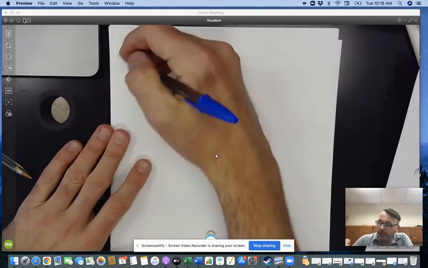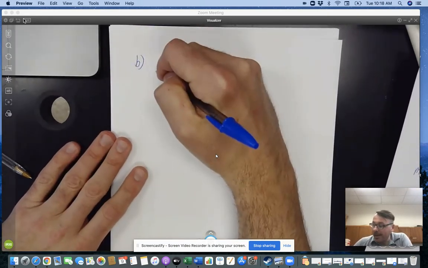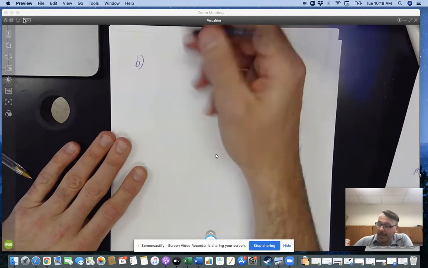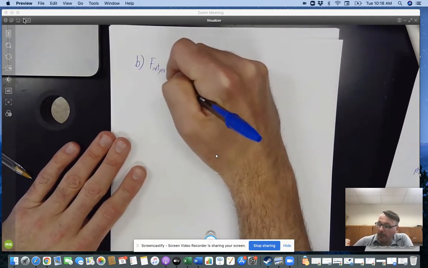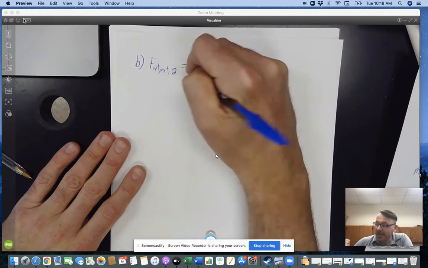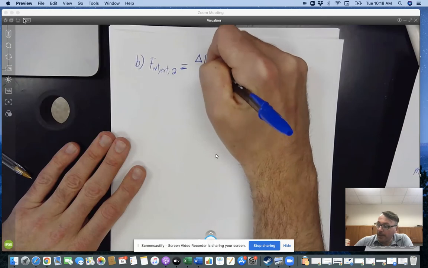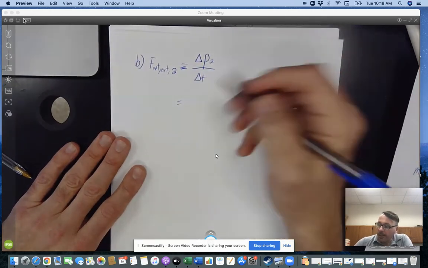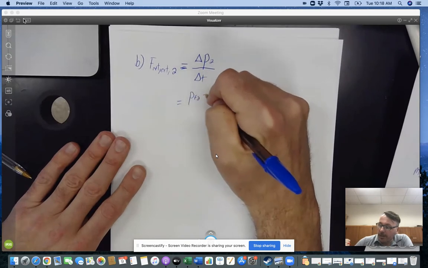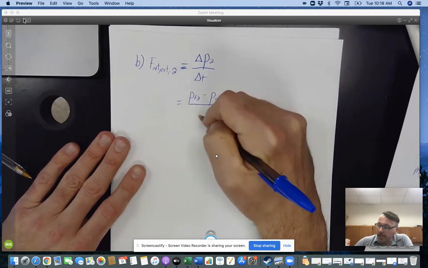If I want to know what the force on the bullet is, here I'm going to say the net external force on the bullet, so that's mass 2. Well, that's going to equal the change in momentum of the bullet over the time period. So that's P final 2 minus P initial 2 over delta t.